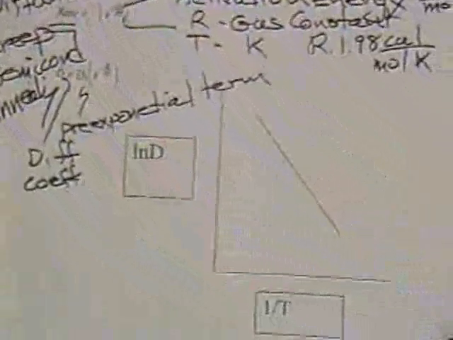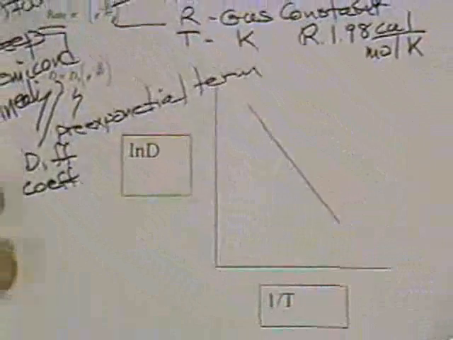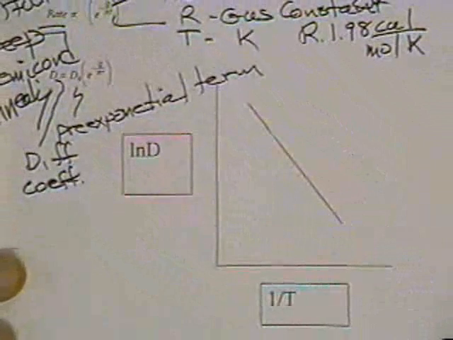Now, supposing you'd like to calculate Q, how can you do that? Well, if a Boltzmann distribution is satisfied, and you can apply this thermally activated process, which is called the Arrhenius equation, then you can solve for Q in the following way.